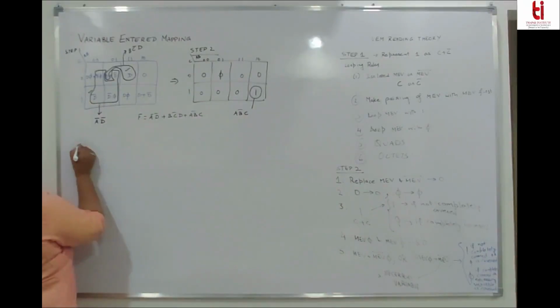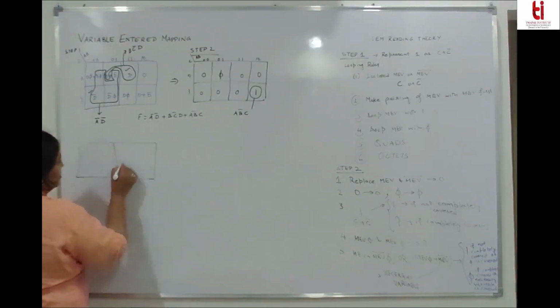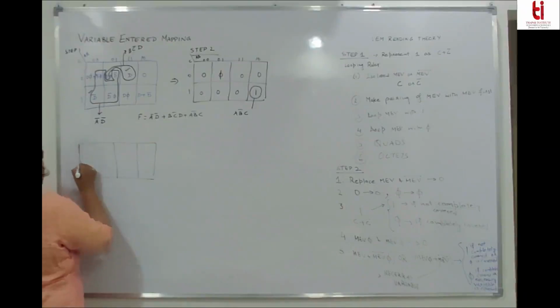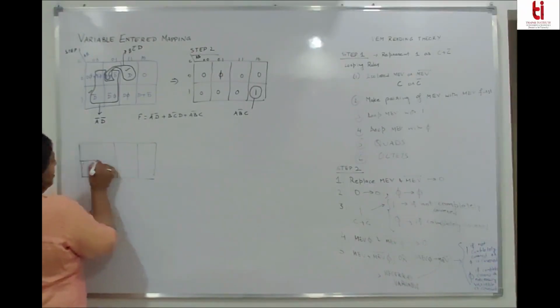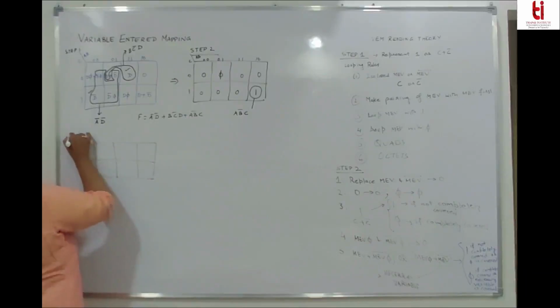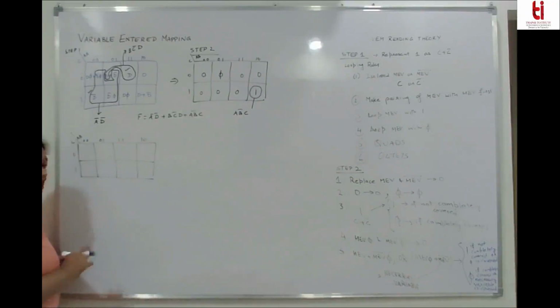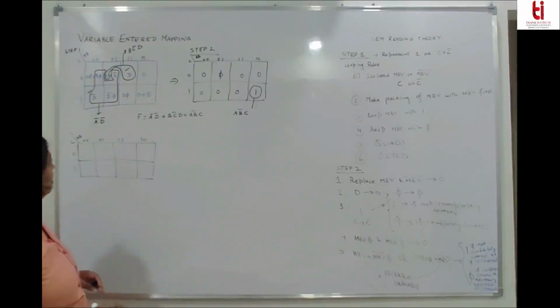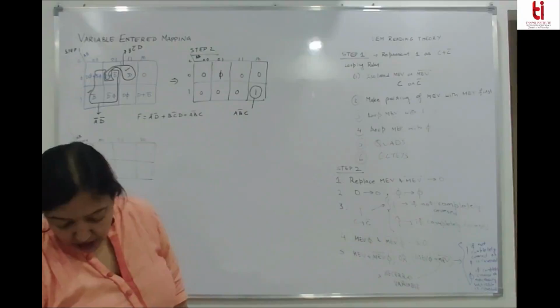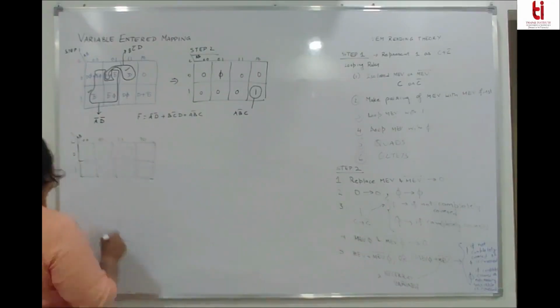Let's take another function. Write it the same way, labeling it as a K-map. The function is 4 variable, but since we are using the VEM method, we are using a 3 variable K-map. For 0, 0, 0, the output is 0.